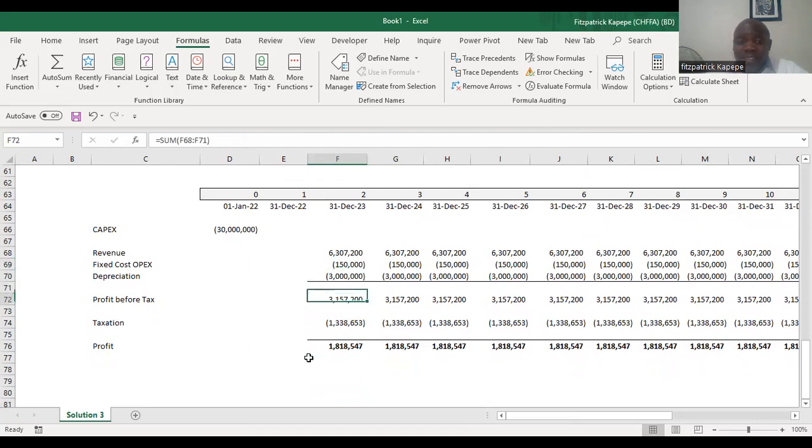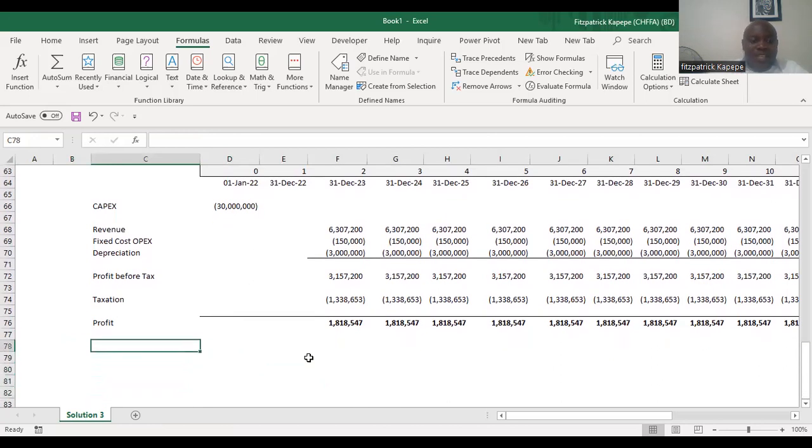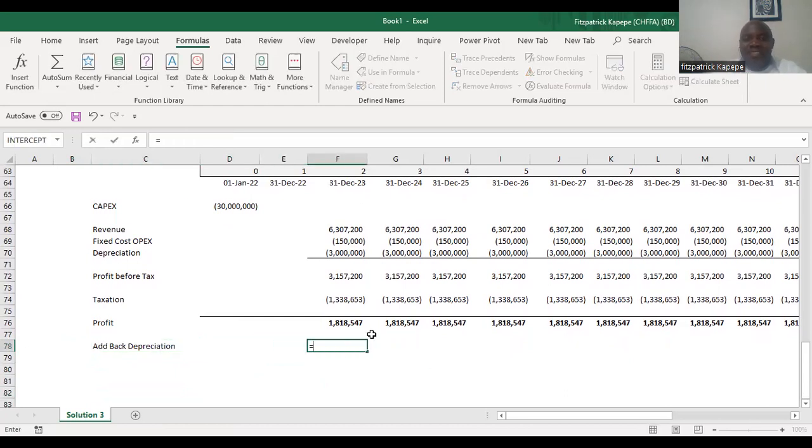So in this case, here now, this is where we'll say add back so that we get the free cash flows. Add back depreciation. Please understand this. So we are adding back depreciation.